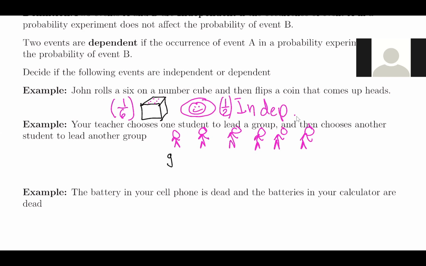So let's say we're choosing group number 1. And then we're choosing group number 2. All right, so if I'm choosing a leader for group number 1, if I have 6 choices, what's the probability that somebody will get picked to be the leader?